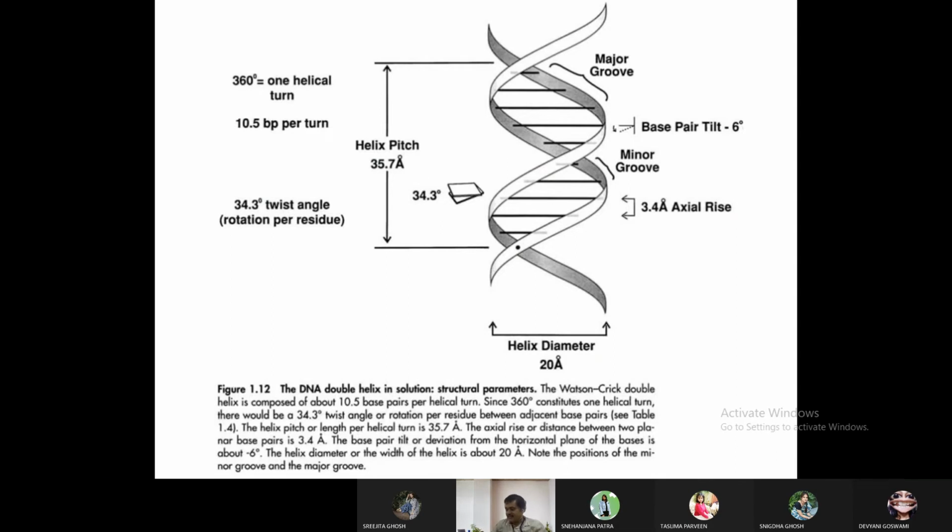So 34.3 into 10.5, how much is it? 34.3 into 10 is 343, plus 15, 8, 360 degrees. So these bases are tilted against each other by an angle of 34.3 degrees. The axial rise between each of the bases is 3.4 angstrom. The helix pitch is 35.7 angstrom.